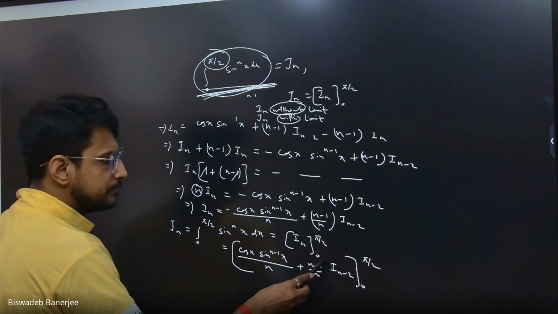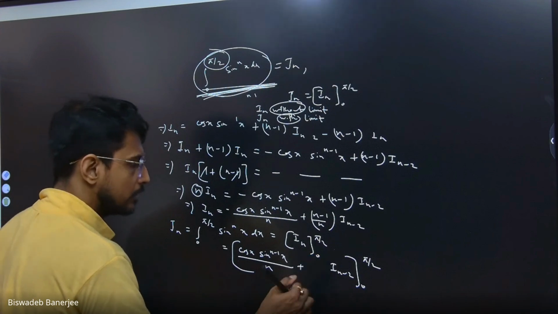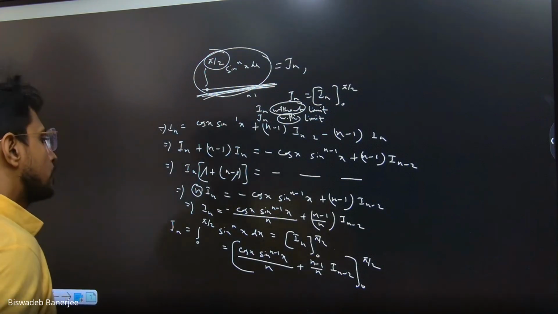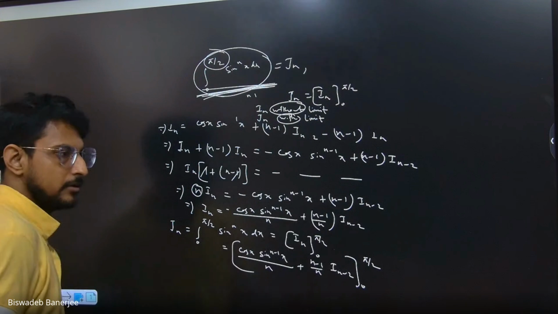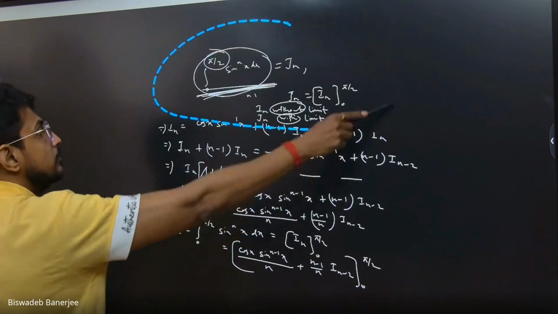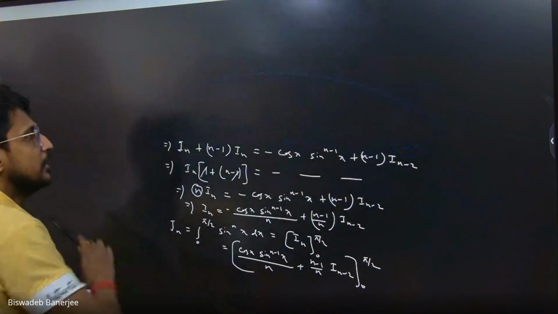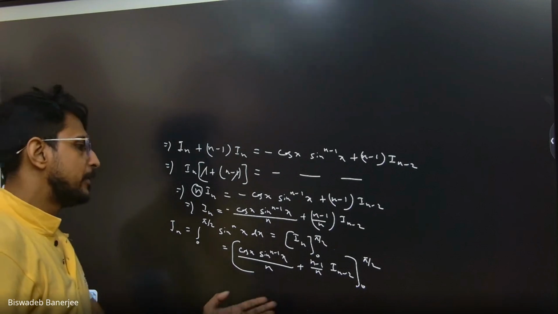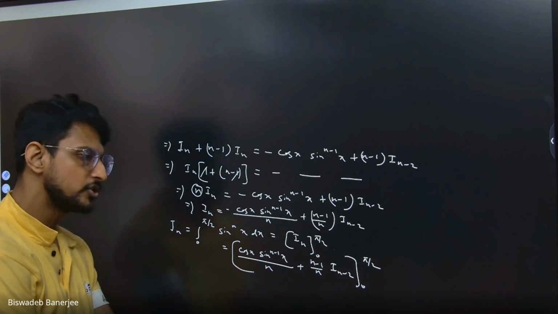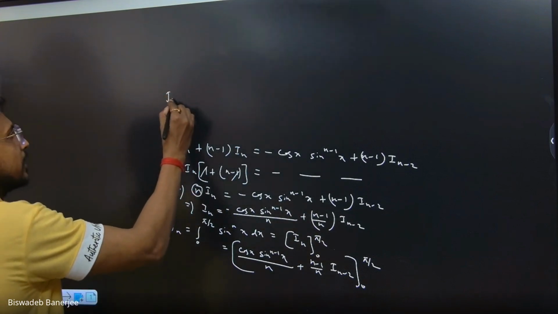There is my In. So if we put the limit over In, we are getting Jn. Okay, any confusion? If you find any confusion, you can ask me in my channel. So my Jn becomes what?